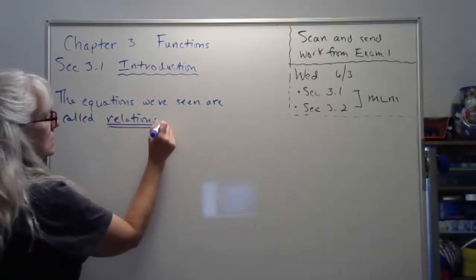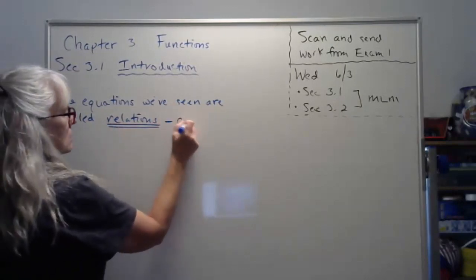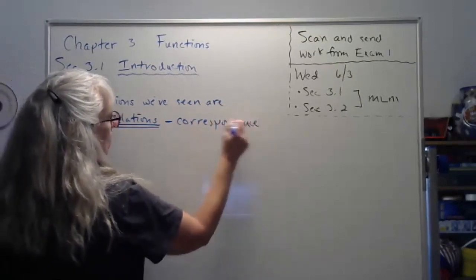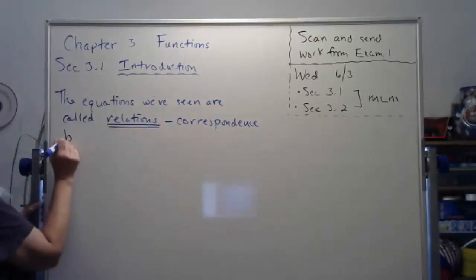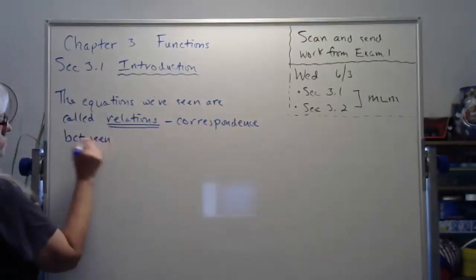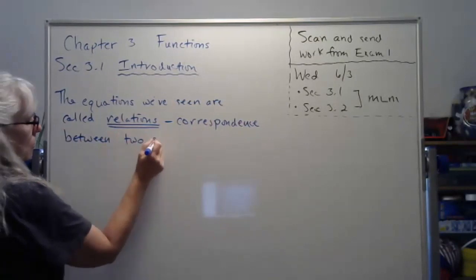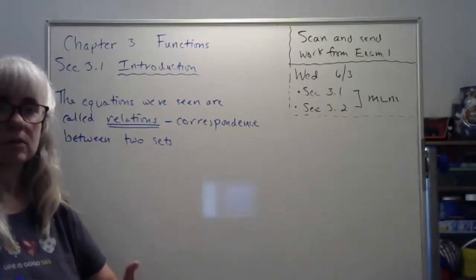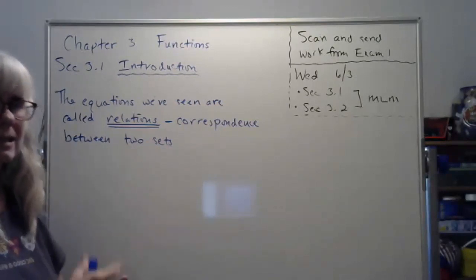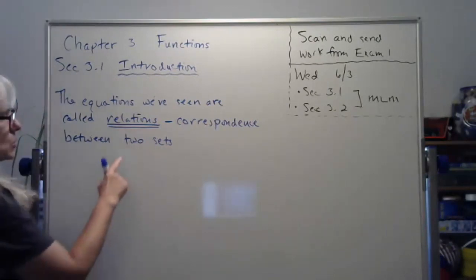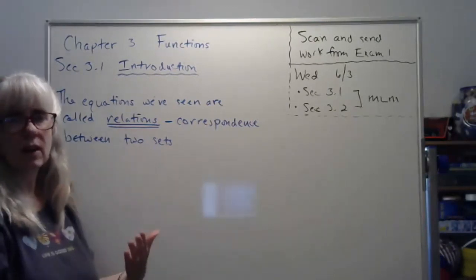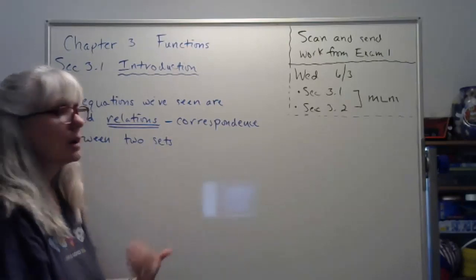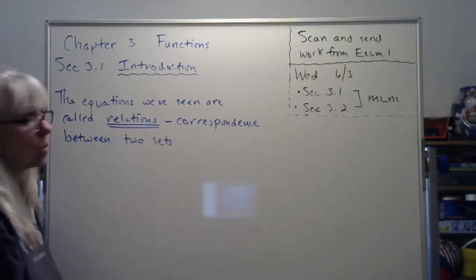And what a relation is, it's basically just a correspondence between two sets. And when we talk about these two sets, what we're really talking about in terms of algebra is a set of x values and a set of y values. So it's a correspondence between x's and y's. And that's why when we went to find intercepts, we could plug in a 0 for one of those variables and find the other, because there was a relationship between the x's and the y's.